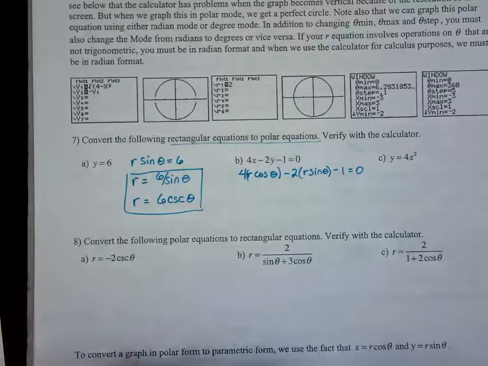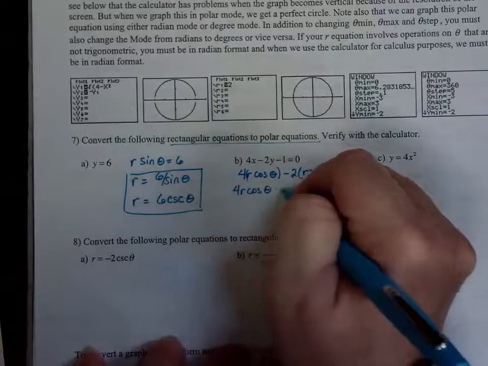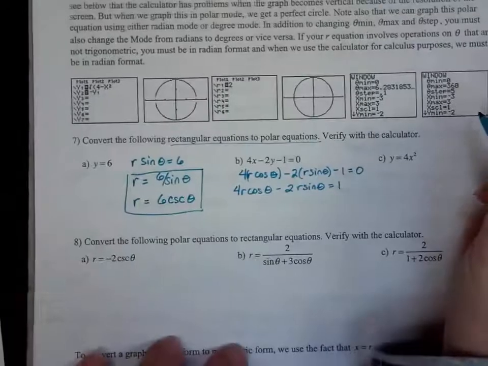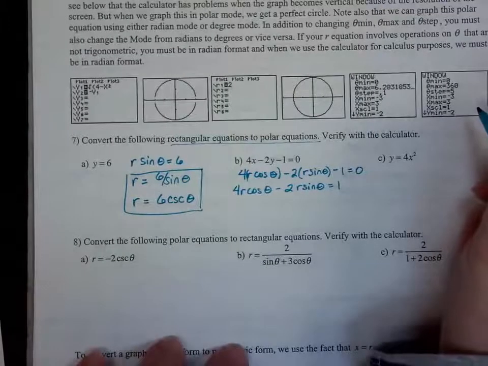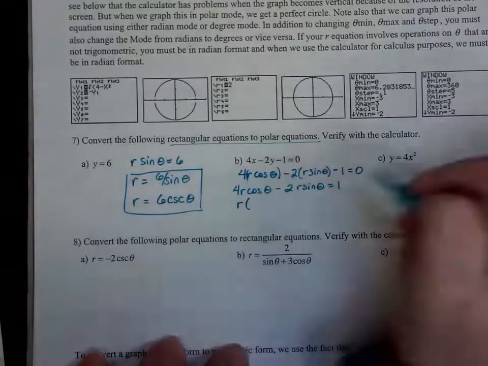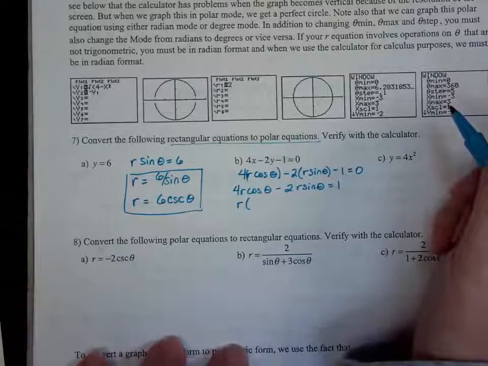So we write 4r cosine theta minus 2r sine theta equals 1. Now what? Factor out the r first. I know I could factor out 2r, but I want r by itself.